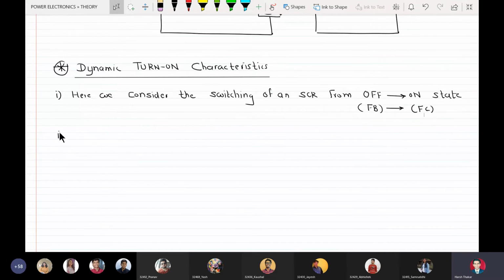Second point, this transition takes a small non-zero time.